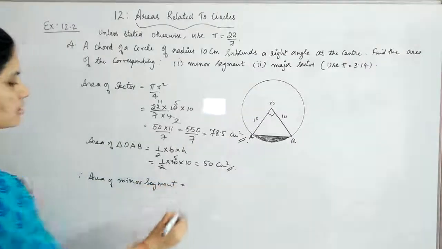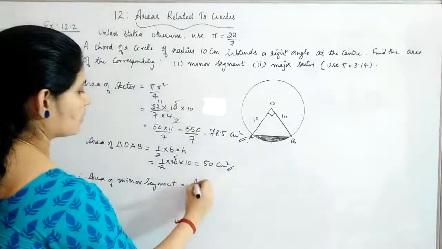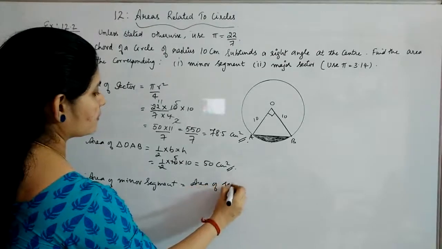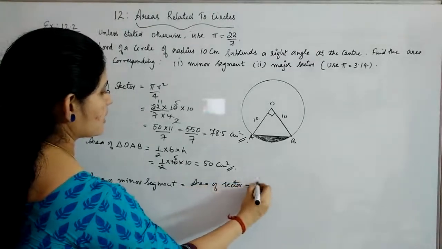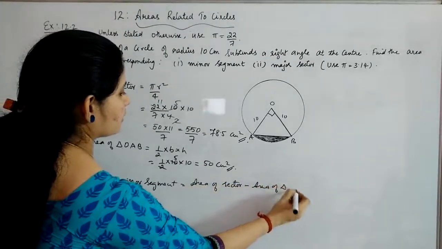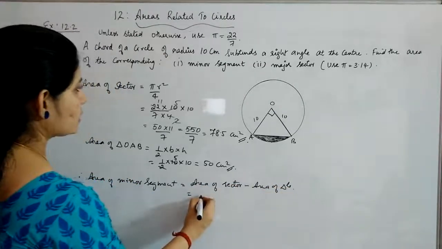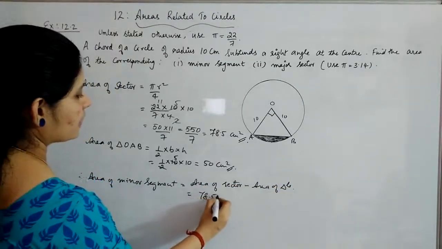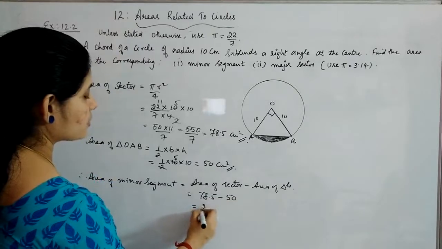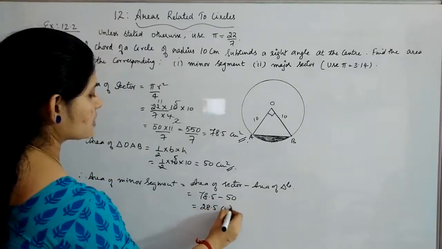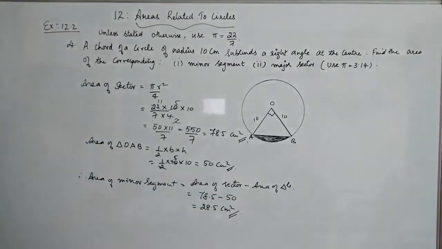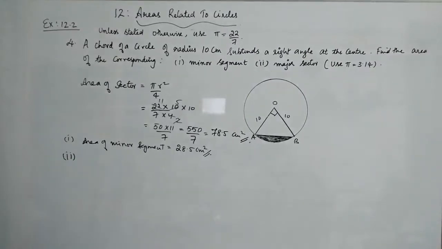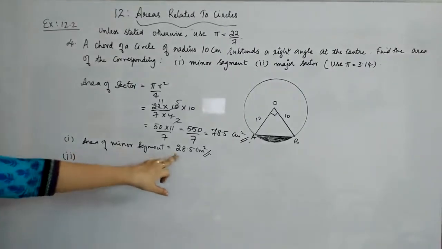Minor segment is equal to area of the minor sector minus area of the triangle. So you'll get 78.5 minus 50, which is equal to 28.5 centimeter squared. That is your first part. So the first part is the area of the minor segment, which is 28.5.